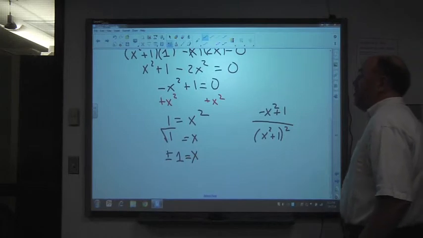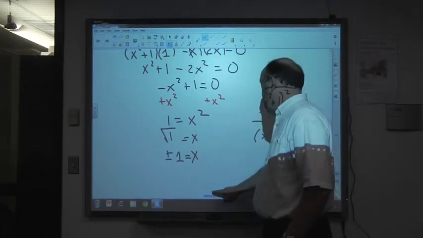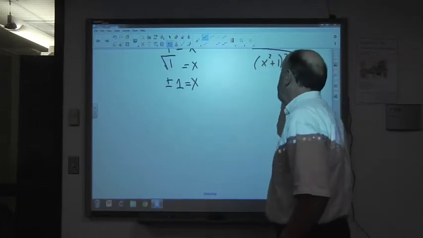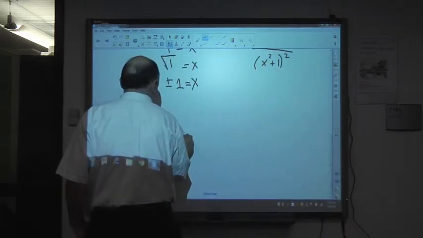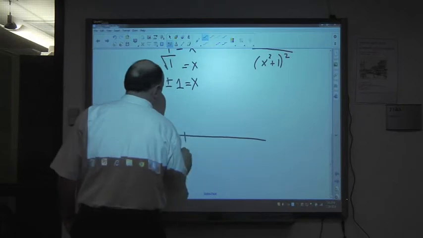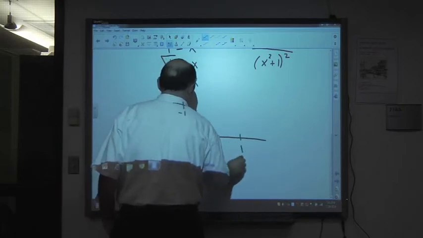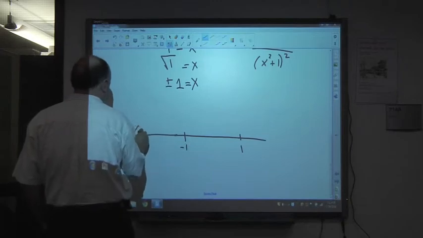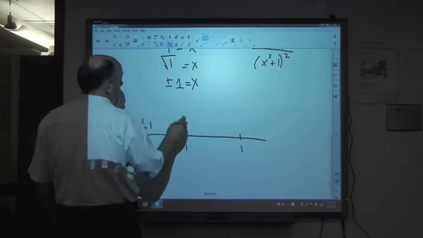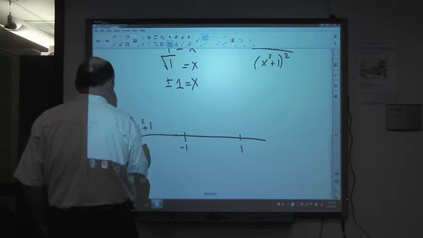So now if I do my chart, we're going to have 1 and -1. So let's call this -1. Let's call this 1. Okay. The top was a minus x squared. This is actually in my denominator.